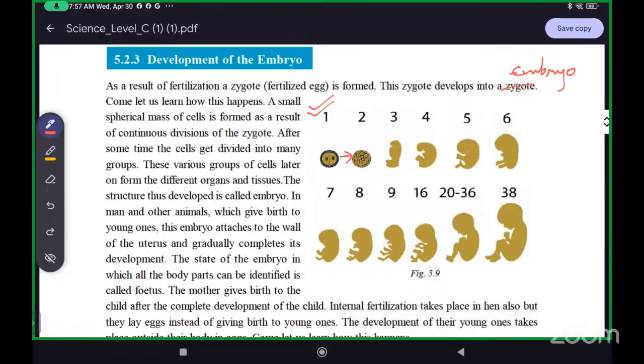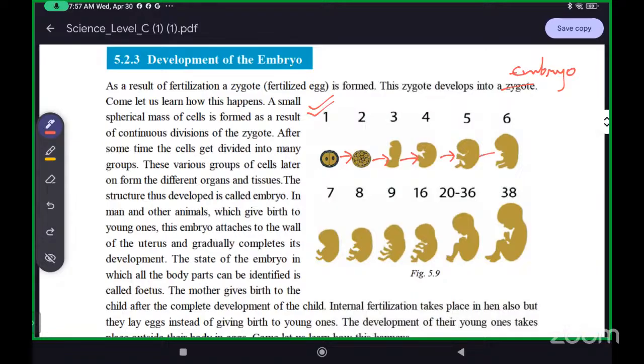After some time the cells get divided into many groups, and these various groups start to form different tissues, which then start to form organs. The structure developed is called an embryo.